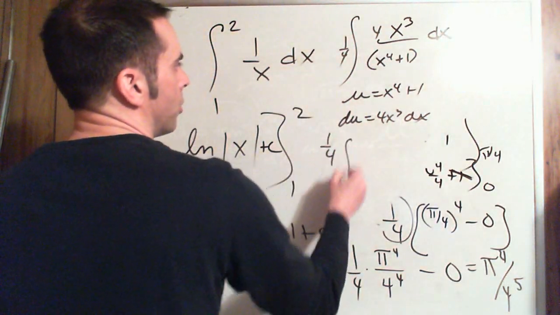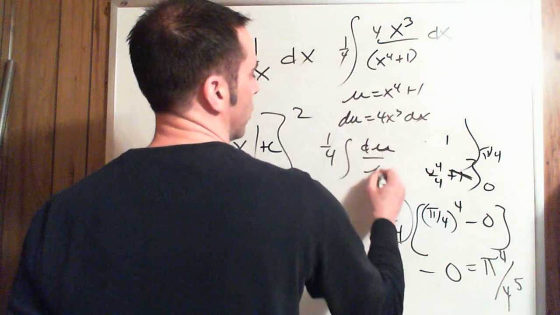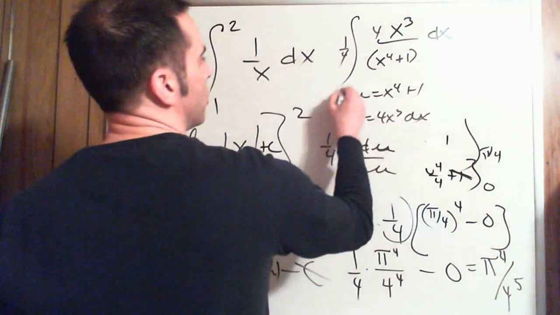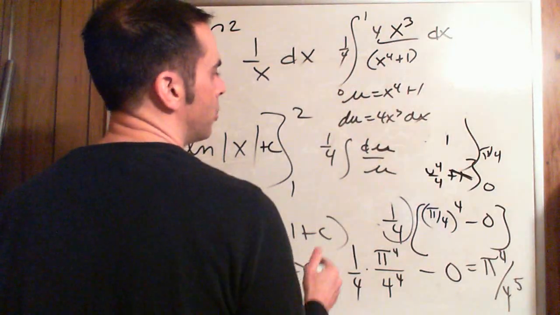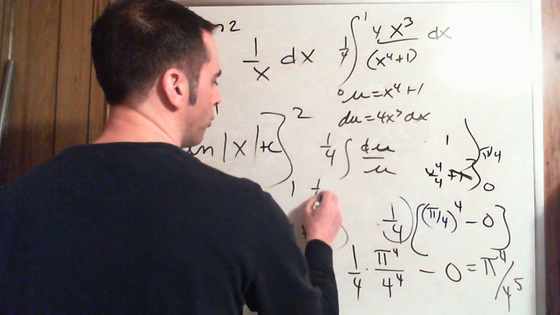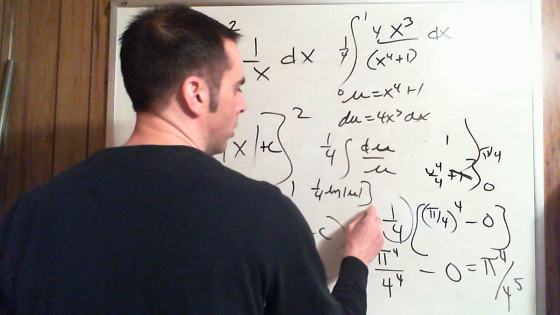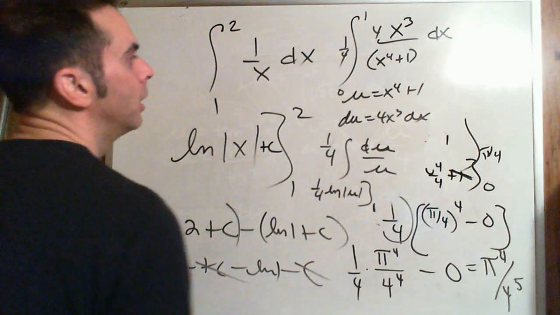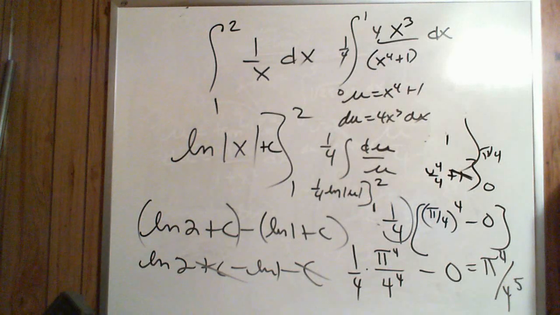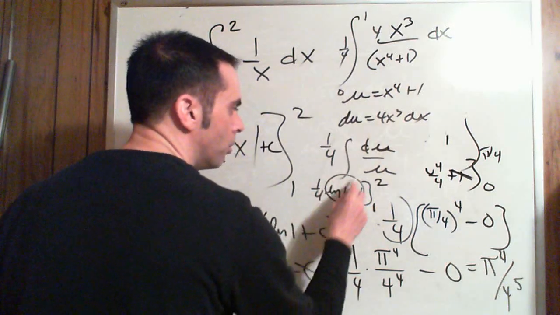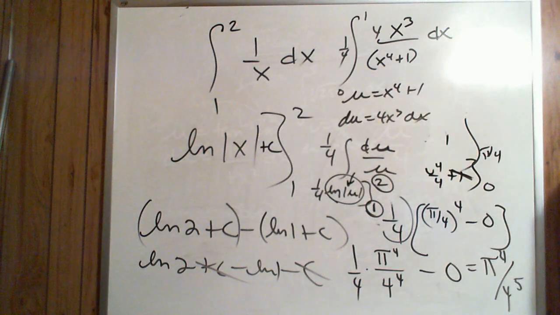I'd have 1/4 the du over u, and if x is 0 here and it's 1 up here, then this would become 1/4 the ln of the absolute value of u from what? Well, when x is 0, I would get 1 down here for u, and when x is 1 up here, I would get 2 for that. Okay, so keep this then in terms of u, and then keep these in terms of u, and it helps things to simplify a lot easier.